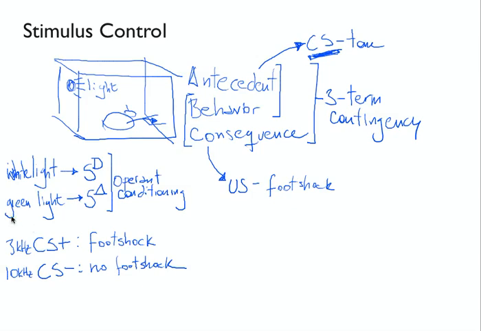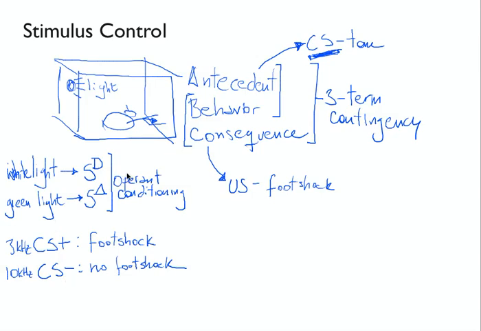So when we turn on the white light in this operant conditioning example, when we turn on this discriminative stimulus, we observe lever pressing, and when we turn on the green light, we do not observe lever pressing. Notice that this is sort of like a switch. You're turning on and off behavior by turning on and off this light, and the light is controlling the behavior. So we refer to that as having strong or good stimulus control.